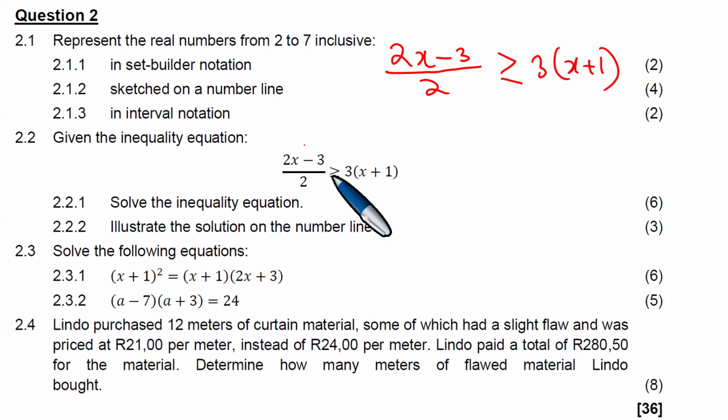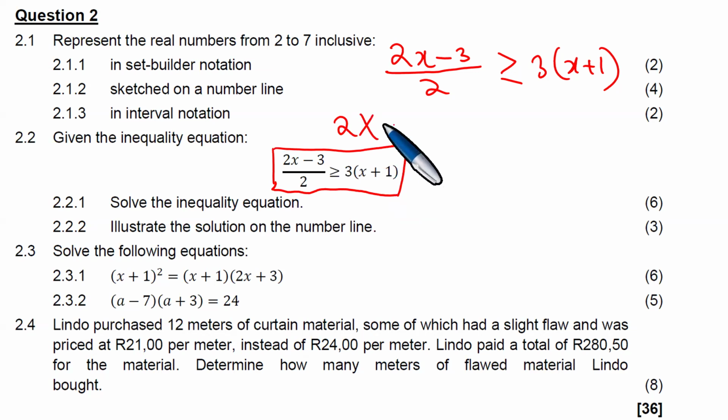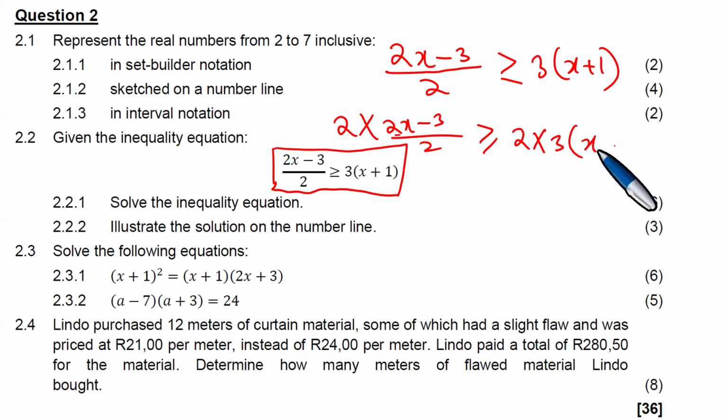How do you remove fractions? That is the question we're asking. You multiply by 2 here. You have 2x minus 3 over 2 greater or equal to 3x plus 1, also multiplied by 2.